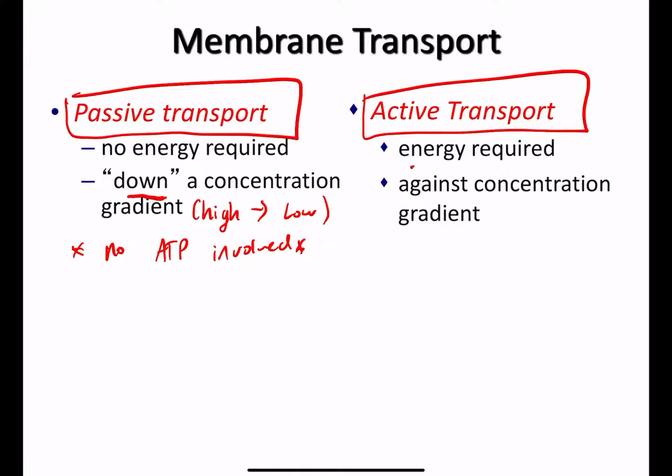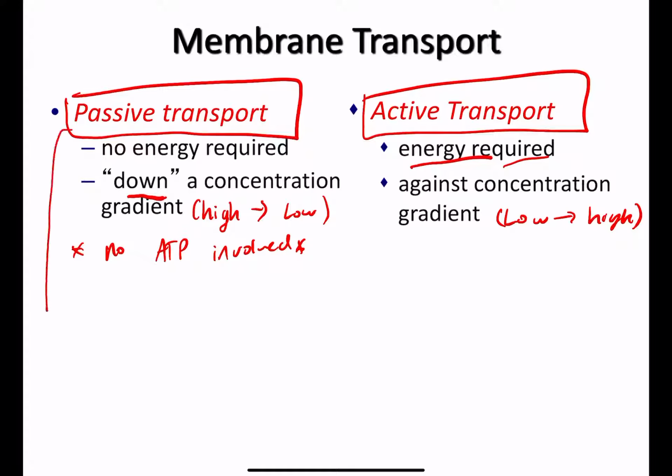And active transport obviously is going to be requiring ATP or GTP depending on the type of scenario they give you. You're going against the concentration gradient, so you're literally pushing things from a low concentration to a higher concentration. It's not naturally going to want to do that, so that's why it does require some ATP.